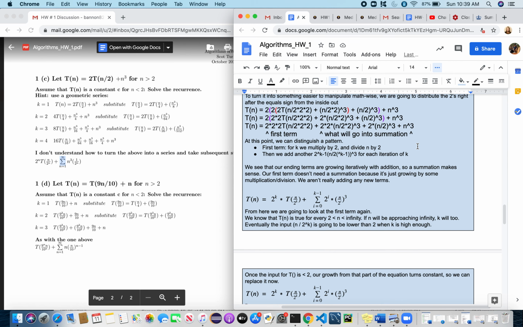So if we simplify that down, we wind up with something like this. K is our iterations down. T of n over 2 to the k, that is how our inner n is going to change each time. And now over here, let me just check.